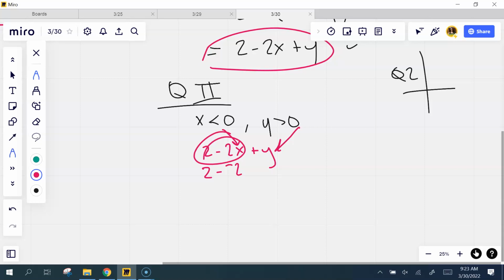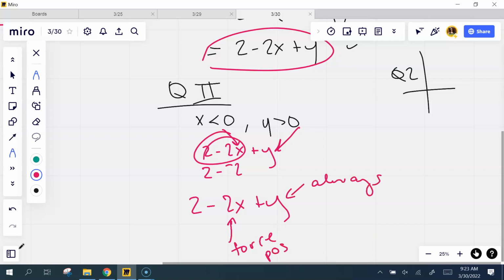I'm always worried, so I write a novel every time I'm not sure what to put. I went through in quadrant 2, x is always negative, y is always positive. I did greater than and less than, and then I wrote out that this would force it to be always positive.